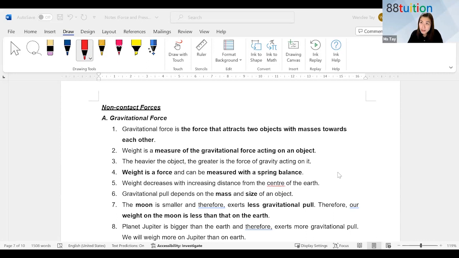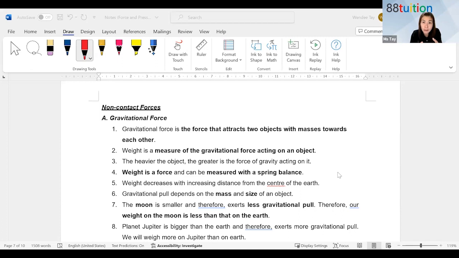Your mass will not change. I think your teacher shared with you when you were in primary school, talking about Earth as well as the moon. If you're on Earth, this is your mass, this is going to be the weight. For example, if you are 50 kg, that's the mass. Then your weight on Earth is going to be 500.